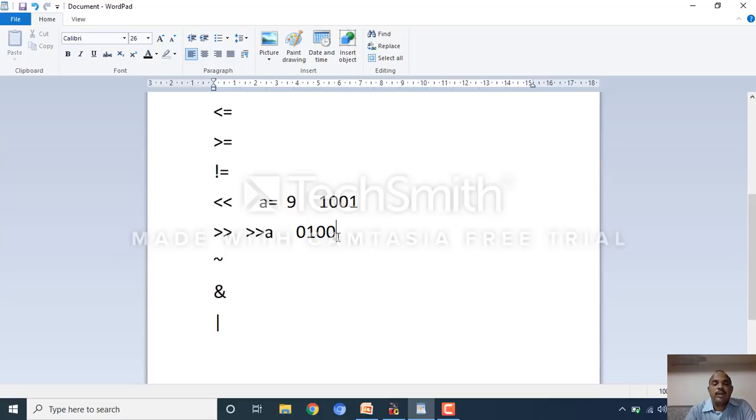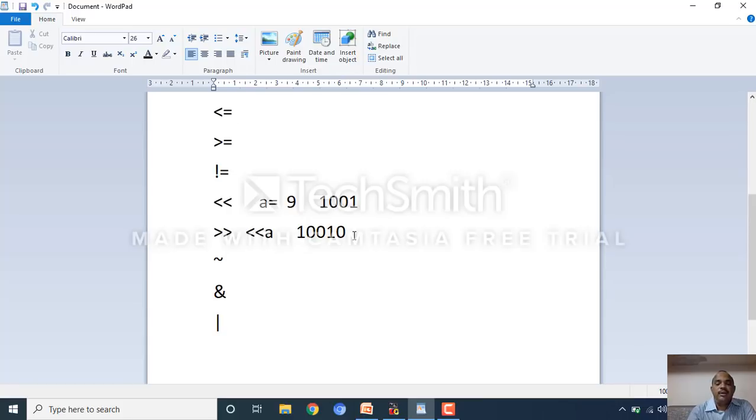That is the right shift operator. Then the left shift of A: simply the right side gets 0 automatically added, so 10010. This is the left shift operator. Clear?